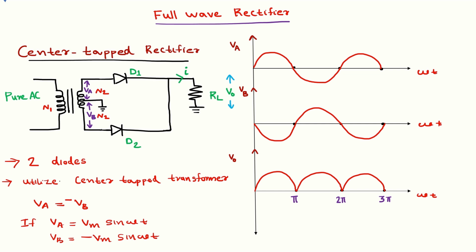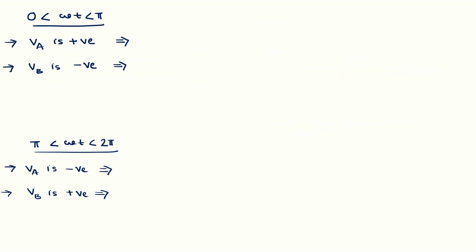The VA waveform is given to the diode D1, and the VB voltage is given to the diode D2. This time limit is pi and this is 2 pi. Similarly in VB, this is pi and this is 2 pi. So I am splitting the time interval, starting with omega t from 0 to pi.